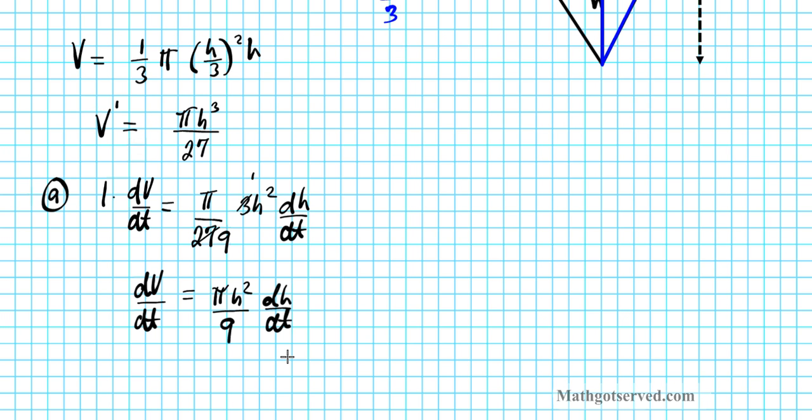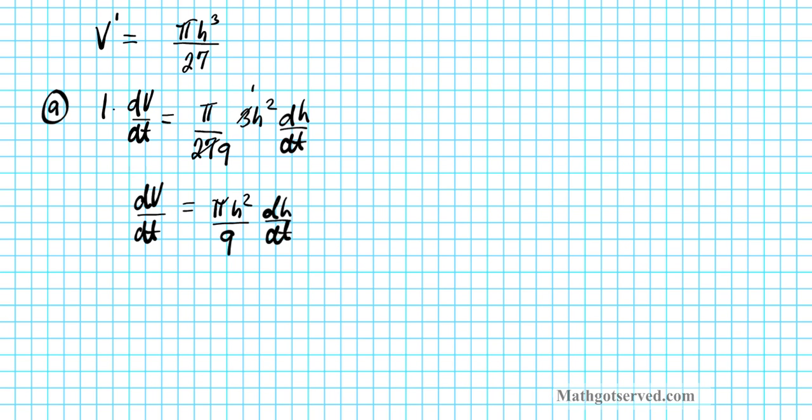The problem asked us to find dh/dt. So to accomplish that, we will simply divide both sides by pi h squared over 9, or simply multiply both sides by the reciprocal of that coefficient, which is 9 over pi h squared.